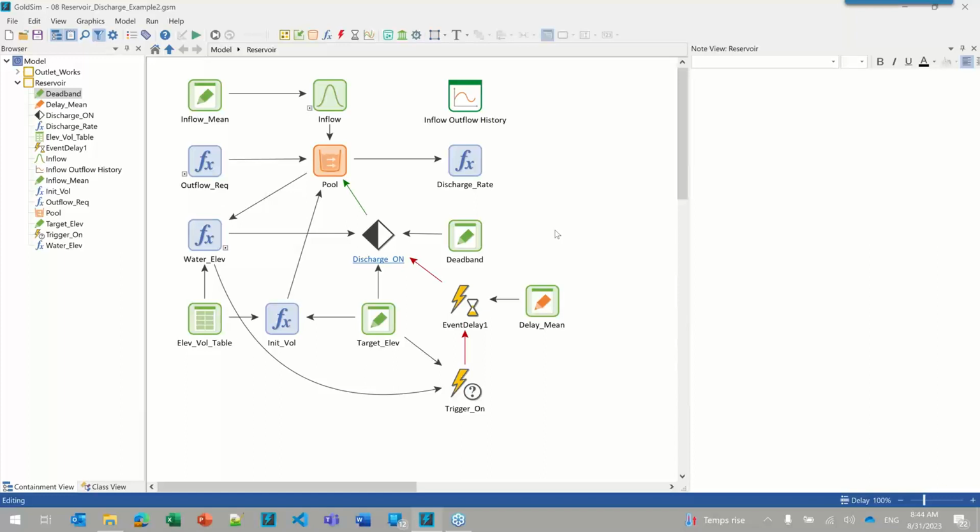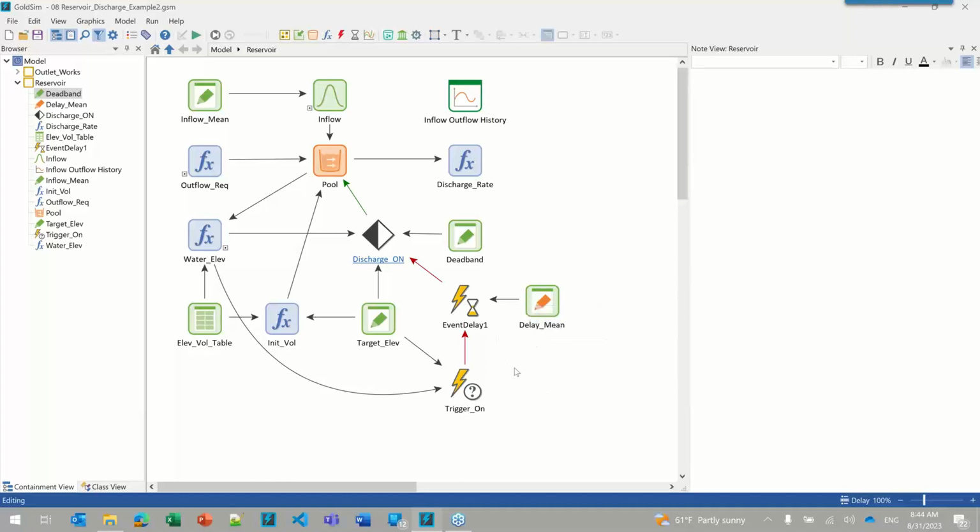I'm adding in there a delayed response because what I wanted to do was say, well, what if it takes a day or up to a day or more for somebody to respond to this changing water level. I don't remember what the delay was I used. Okay, I used 1 day.